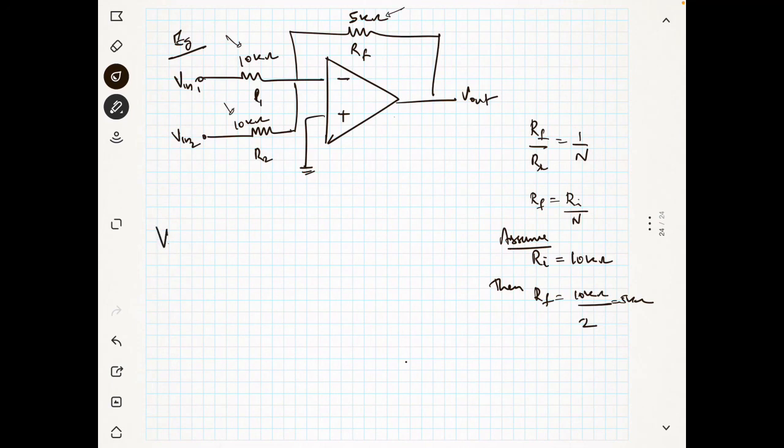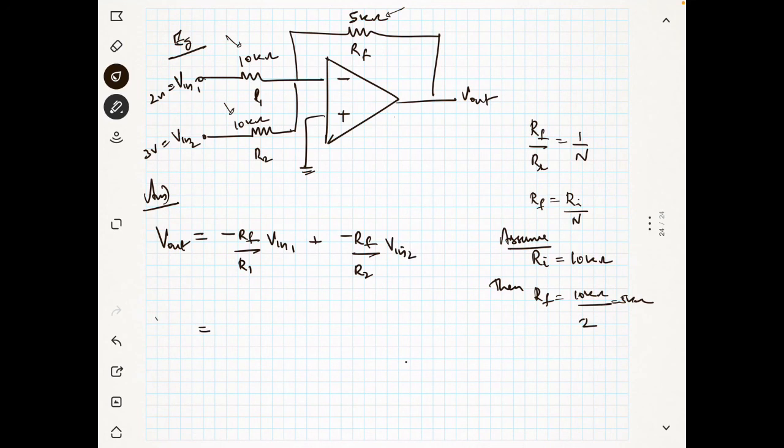Now I can write my V out. Let's say V in 1 is equal to 2 volt and V in 2 is equal to 3 volt. So my V out is equal to minus of Rf by R1 into V in 1 plus minus of Rf by R2 into V in 2.